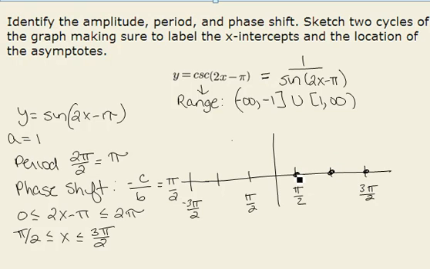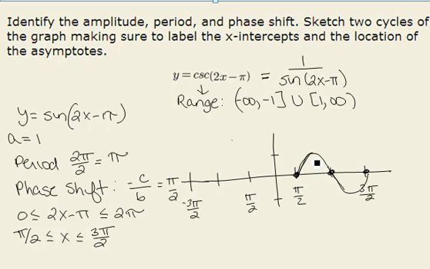We know that since a is a positive 1, it's going to make 1 full cycle starting from its average value, going up to its maximum value, back to its average value, down to its minimum and up again.